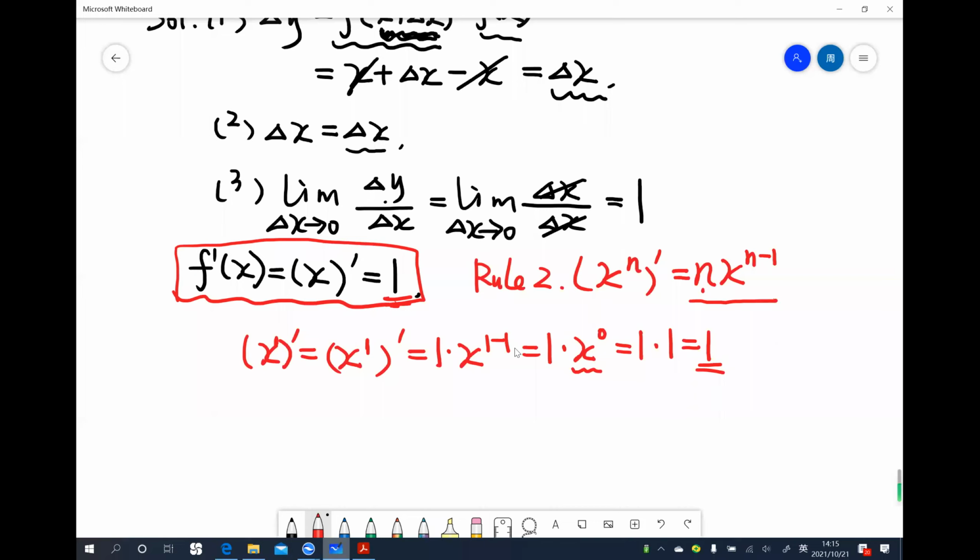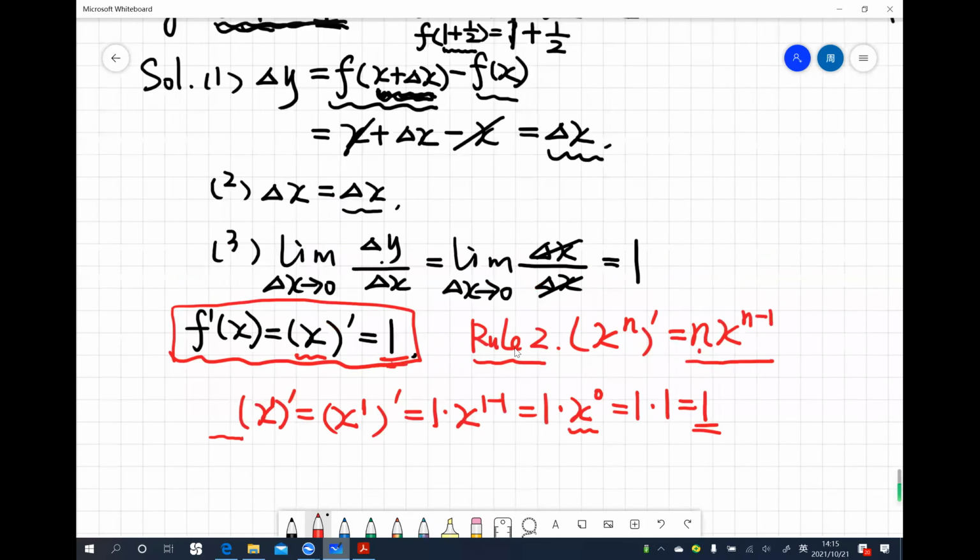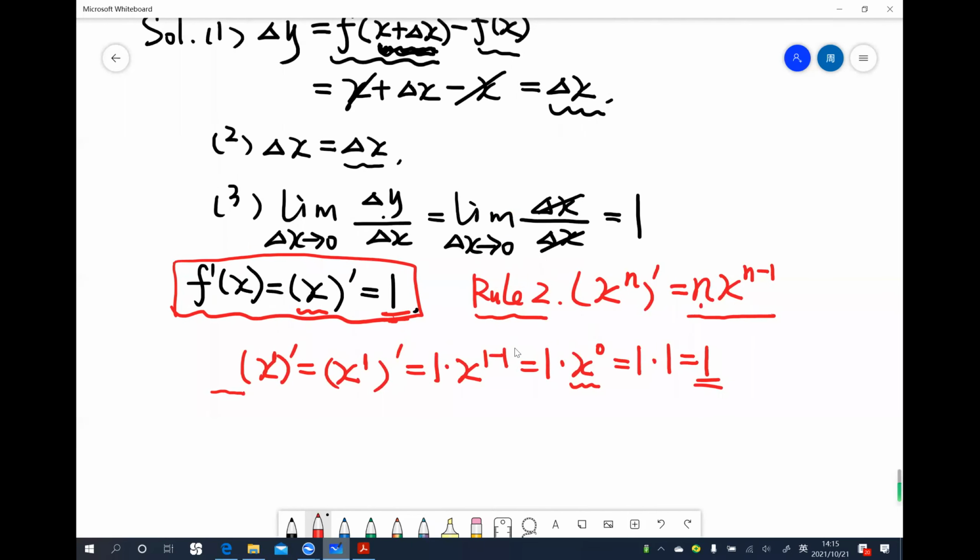The second line, I want to check rule 2, the power rule. So we use this example. From the definition, we have calculated that x prime equals 1, right? Here we will use rule 2 to check if x prime equals 1. So here we check x prime, that means x to the power 1, right? And here that means n equals 1, right?